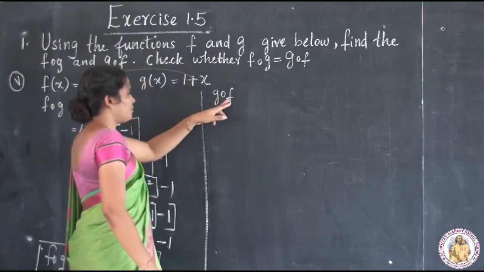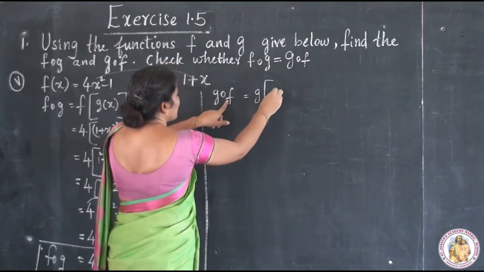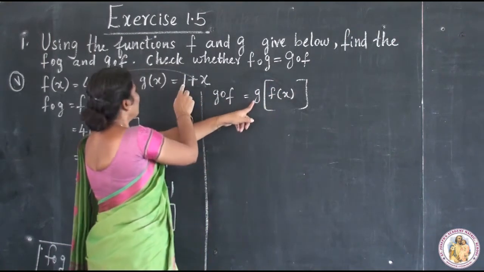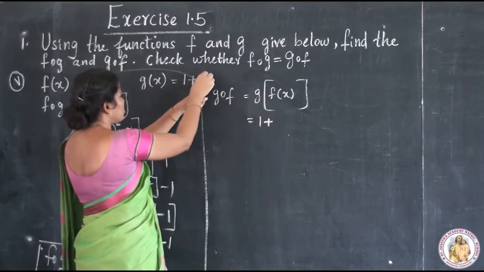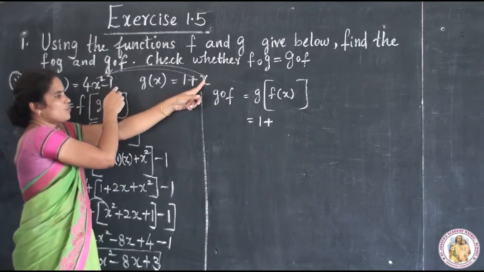To find g of f, that is g within bracket f of x, g is 1 plus x. In the place of x you have to write 4x square minus 1.